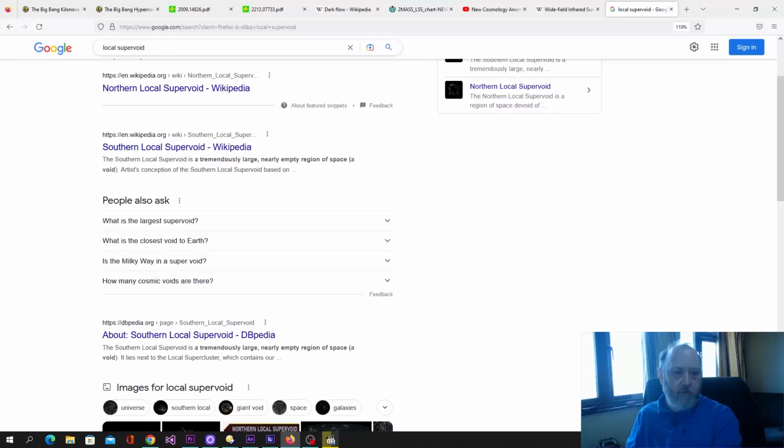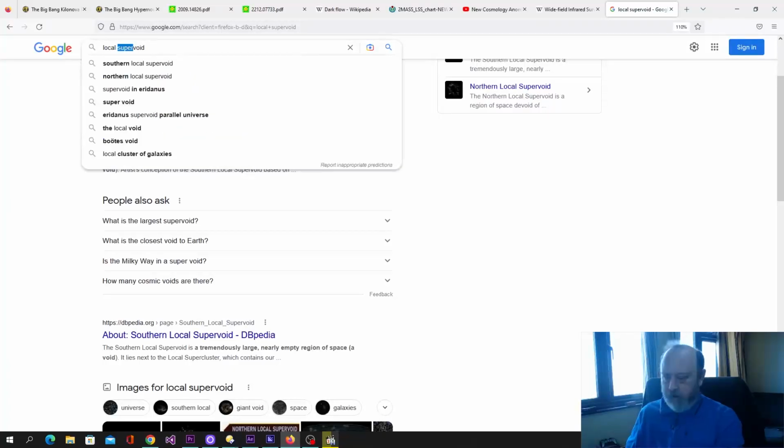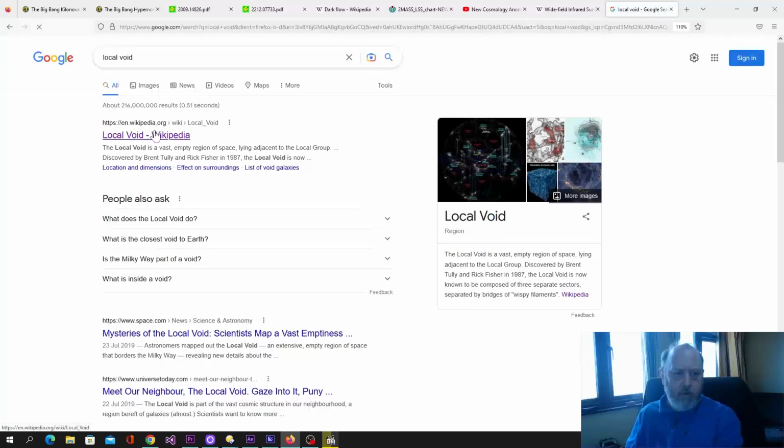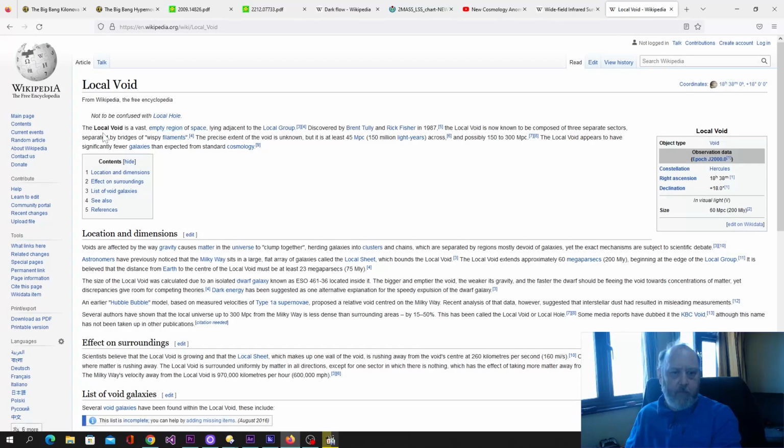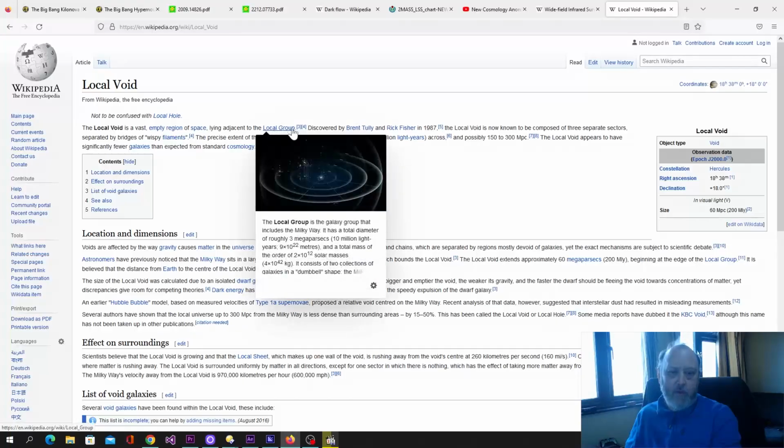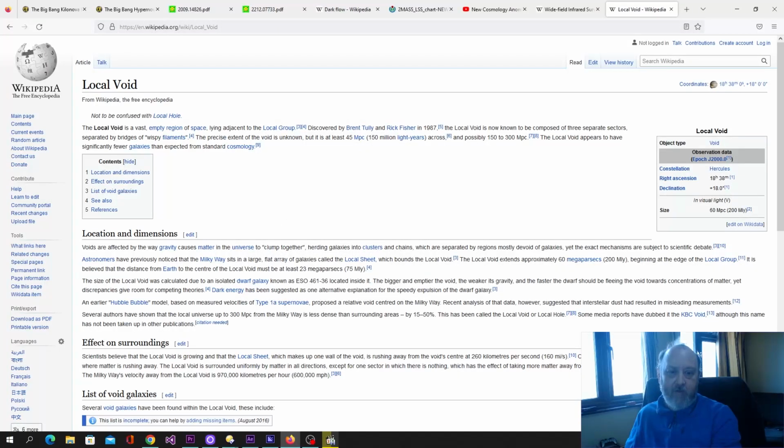Is it a local supervoid or just a local void? The local void is a vast empty region of space lying adjacent to the local group. Discovered by Brent Tully and Rick Fisher in 1987, the local void is now known to be composed of 3 separate sectors, separated by bridges of wispy filaments.